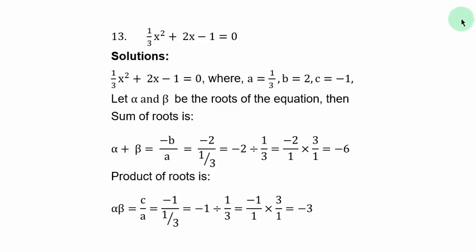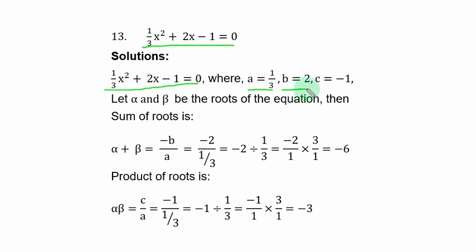Examples: find the sum and product of the roots of each of the following quadratic equations. Number 13, we have 1 over 3 s squared plus 2s minus 1 equal to 0. So this is the equation. All we need is to identify a, b, and c. A is the coefficient of s squared, that is 1 over 3. B, the coefficient of s, that is 2.